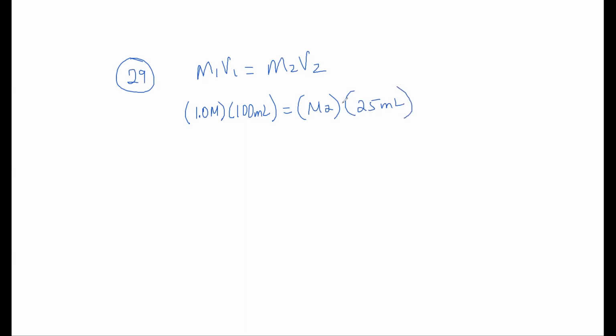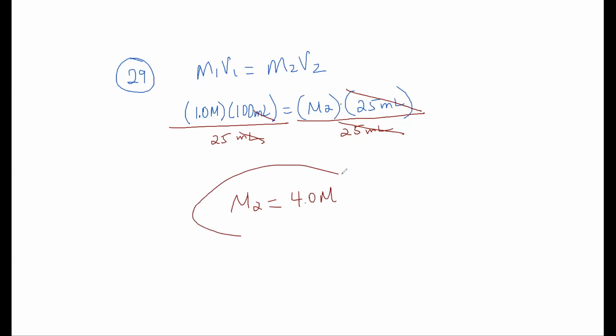So I have to solve for M2, but it's multiplied by 25, so I have to get rid of it. Because it's multiplied, I divide by 25 milliliters on both sides. Milliliters and milliliters cancel. 1 times 100 is 100, divided by 25 is 4. So M2 is 4 molar.